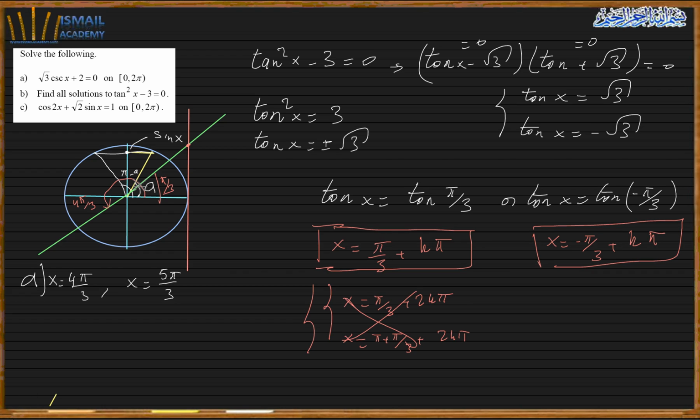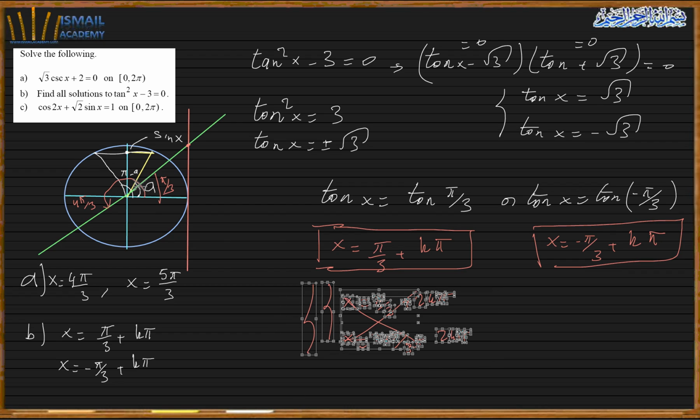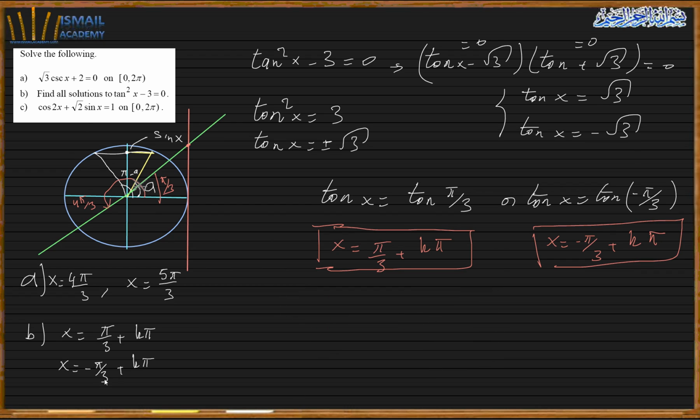So for B, I will have x equal pi over 3 plus k pi, where k is any integer, or x equal minus pi over 3 plus k pi, or you can use plus or minus here to use only one line if you want, so it's up to you. You can use that notation if it can be accepted by your professor. So this is what we need to do for the second equation. So the third one, let's do the third one.